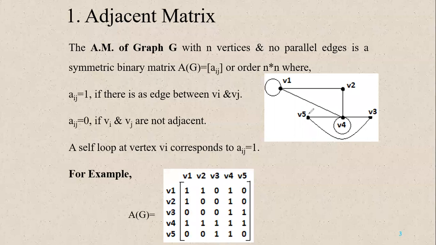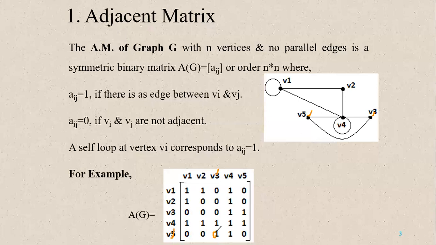For example, here V5 is one of the vertices, and the connection between V5 and V3 is the edge E53. Between V5 and V3 one edge exists. That means here we can mark 1.